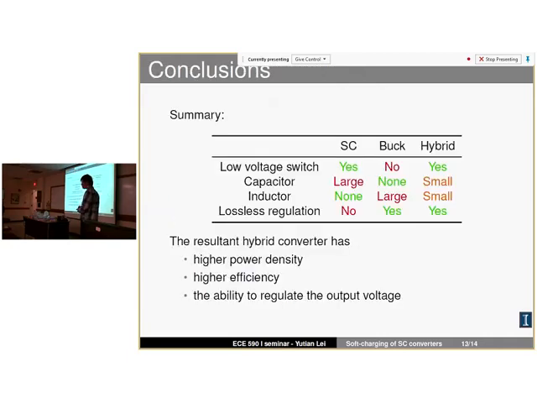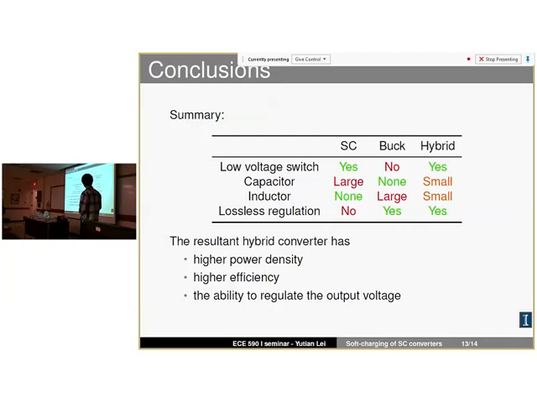So, just conclusions. What we have done is that we built a hybrid converter, and we managed to combine the benefits of a switch capacitor converter and a buck converter. We used low voltage switches, and we are actually using smaller capacitance compared to the switch capacitor converter because now, with the inductor, we improved the energy utilization of the capacitors.